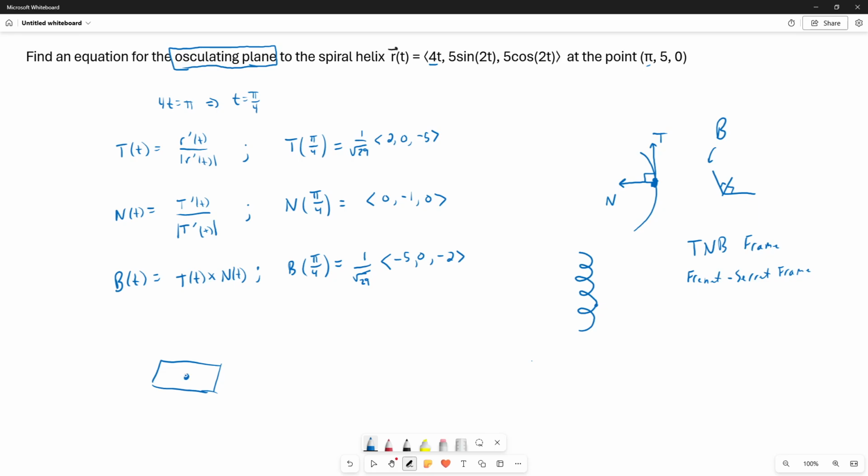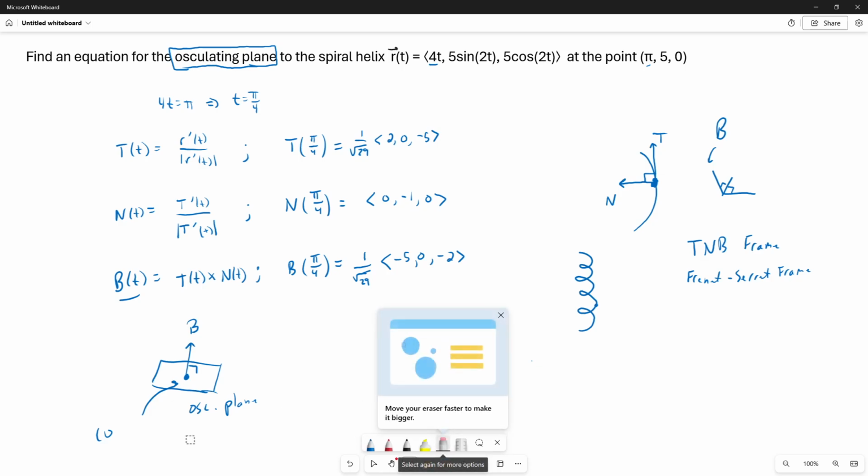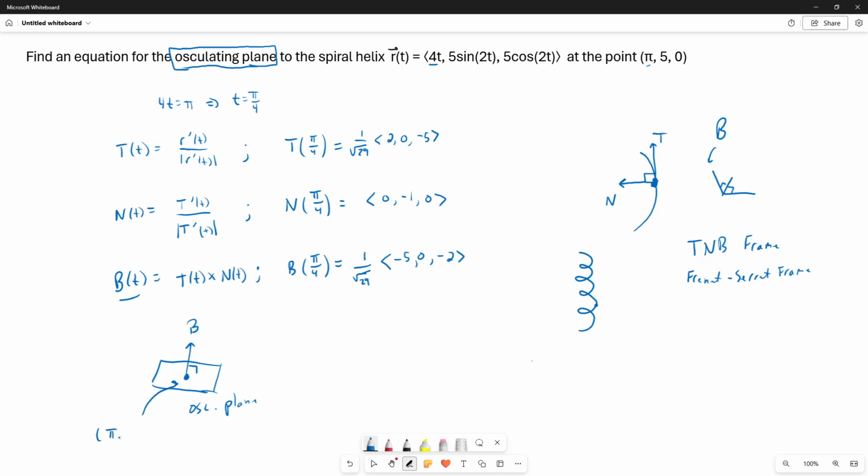You need a point, and you need the normal vector to the plane. Well, if this is the osculating plane, then the normal vector to this plane is this binormal vector. And the point in the plane, we have the point (pi, 5, 0). So we have all of the information.